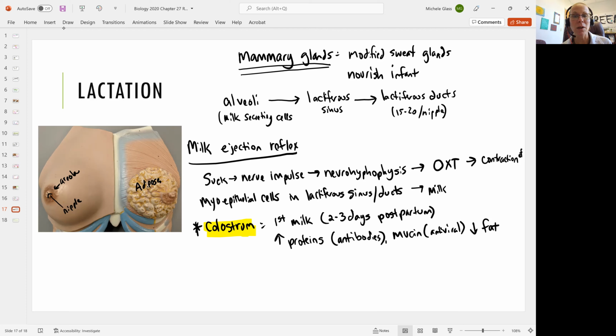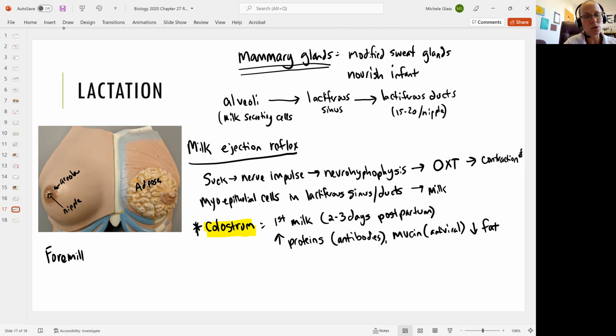So we're seeing some significant benefits of nursing infants, especially early on. And sometimes it's hard to sustain after that. Just like all things of the body, sometimes it works like the textbook says, and sometimes it doesn't. But that's why it's always good to try.